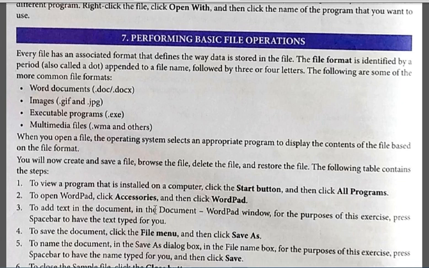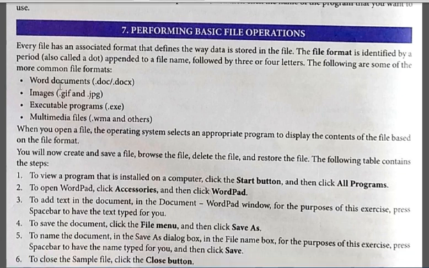Some examples: a word processing Word document has the format .doc or .docx. And for images, .gif and .jpg. This is the format of images. Executable programs have the format .exe.